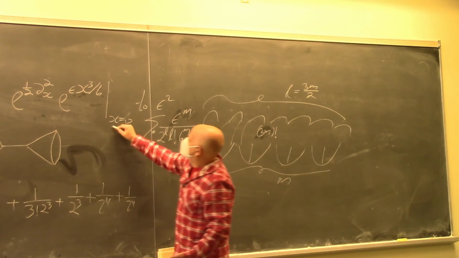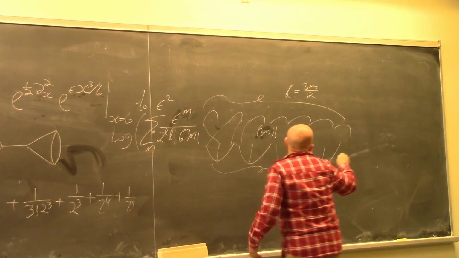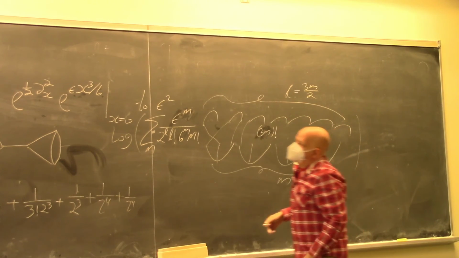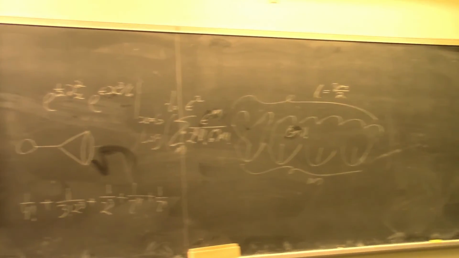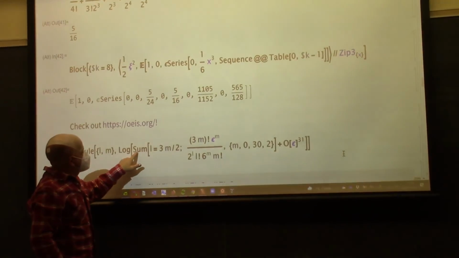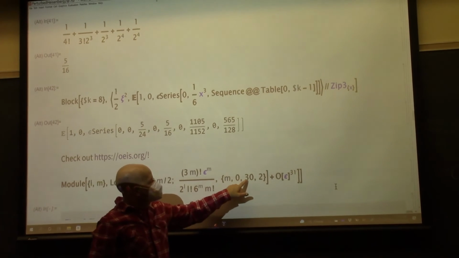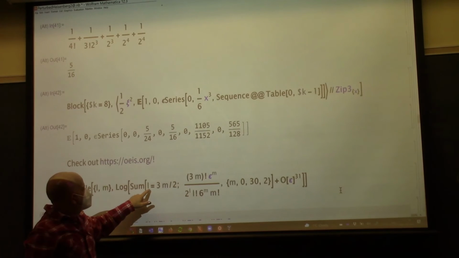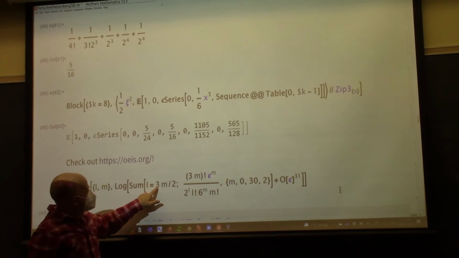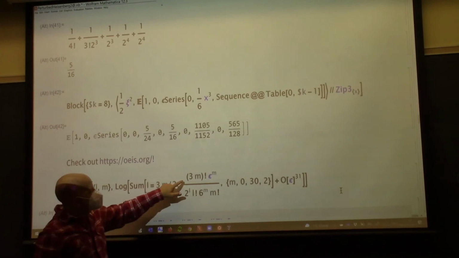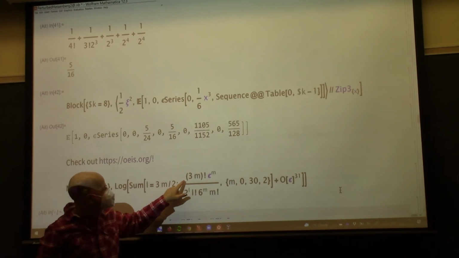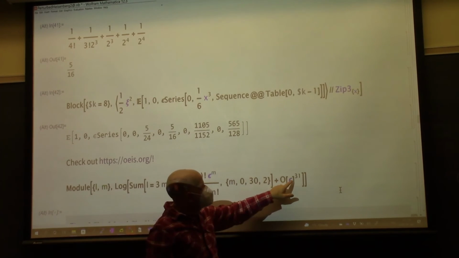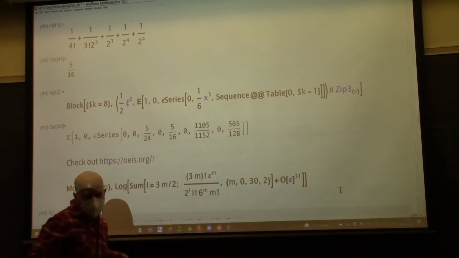We want to compute the logarithm of that because we put our answers in the exponential. So you could just compute the logarithm of the sum as m goes from 0 to 30 with skips of 2, with L equal to 3m divided by 2, then you copy the formula I wrote from there, including the 3m factorial. You make it a power series by adding O of epsilon to the 31, and you compute the logarithm.